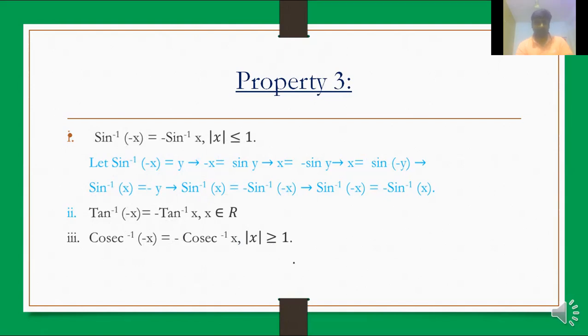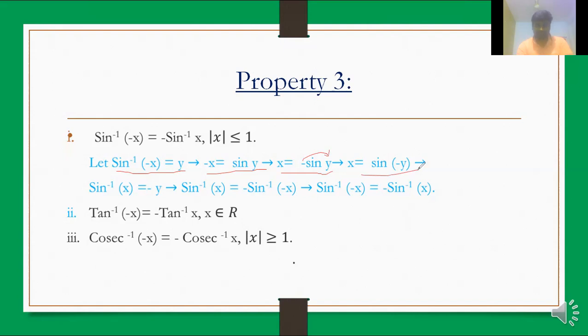Let us take sine inverse of minus x as some variable y. From this, minus x equals sine y, so x equals minus sine y. Can I take the minus inside? If I take minus inside, what will you get? Sine of minus y. So x equals sine of minus y.